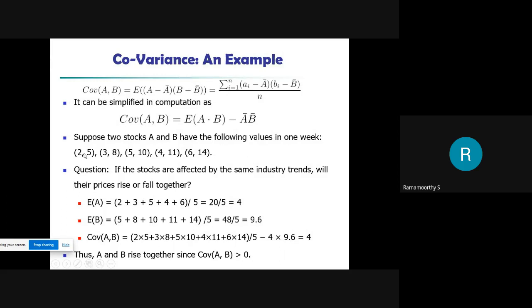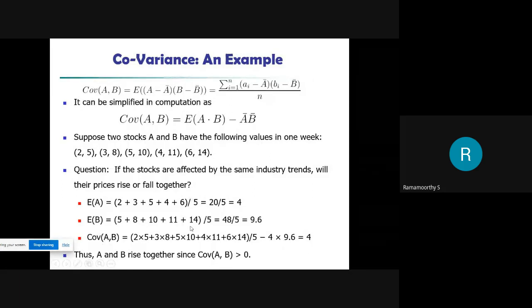Now the dot product of these stock values: 2 into 5, 3 into 8, plus 5 into 10, 4 into 11. If you compute all the values, then the result will be covariance of A comma B is equal to 4.